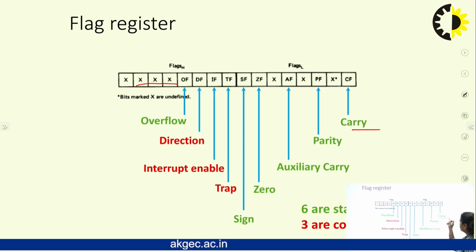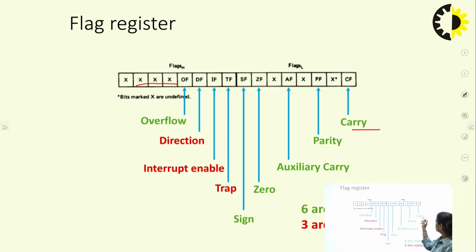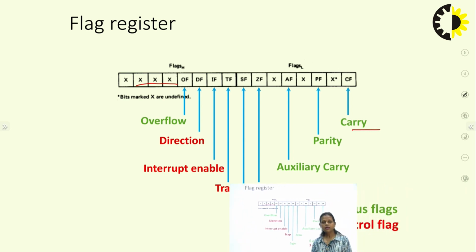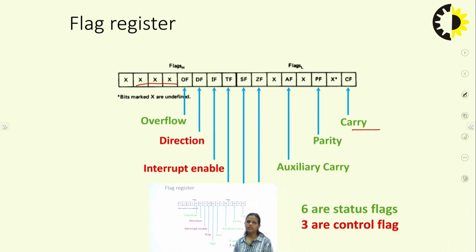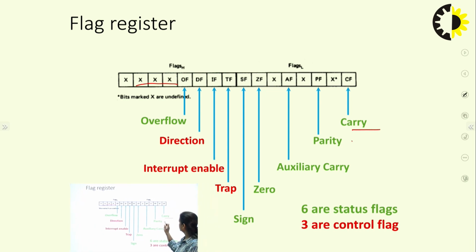So this carry flag we have already seen in 8085. This carry flag means when there is a carry from bit D7, then the carry bit will be set here. Then parity, if the number of 1s are even, then the parity will be set, and if it is odd, then this will be 0.